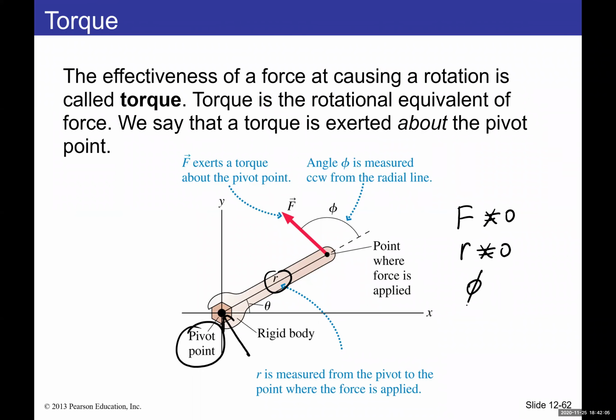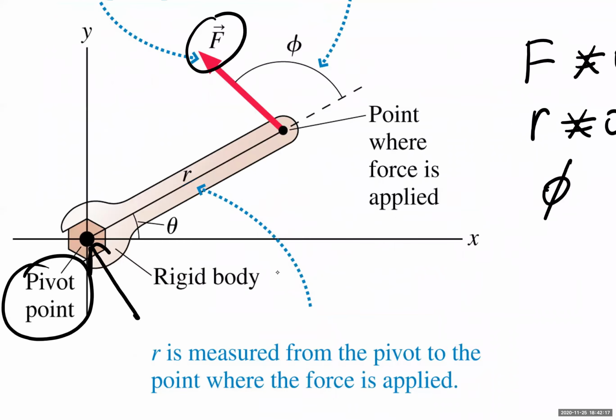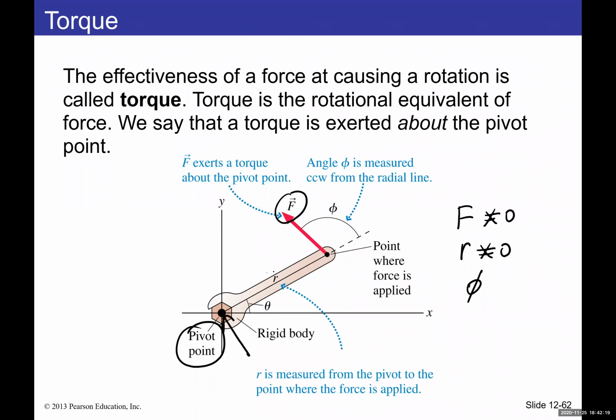Angle phi is the angle between two vectors: force as a vector and r as a vector. So think like this: if I have this r as a vector like that, then phi here is the angle measured counterclockwise from the radial line. So you take that radial line and you measure that.